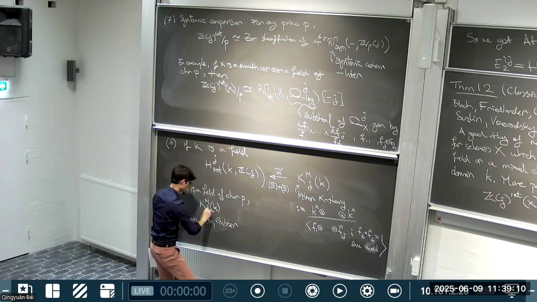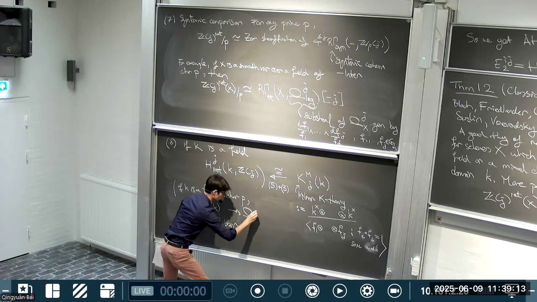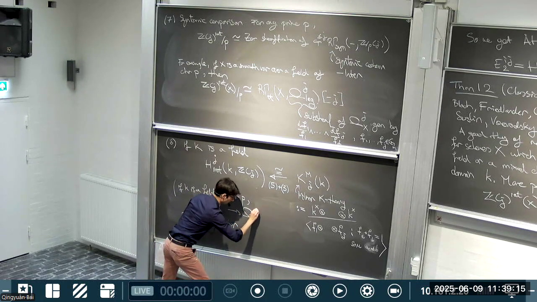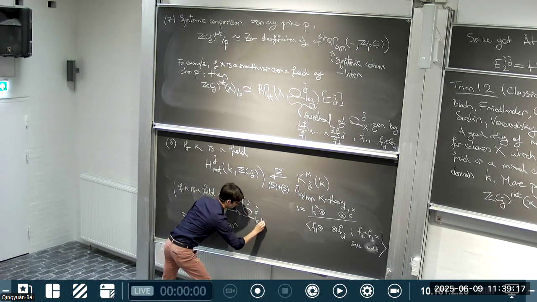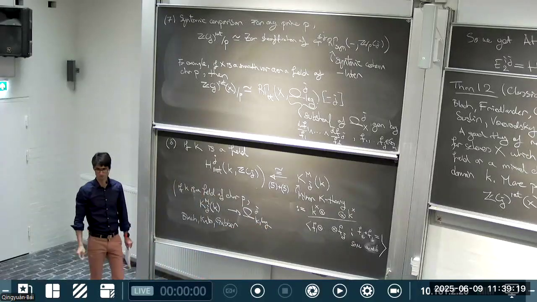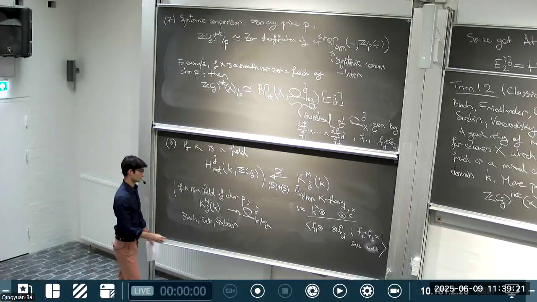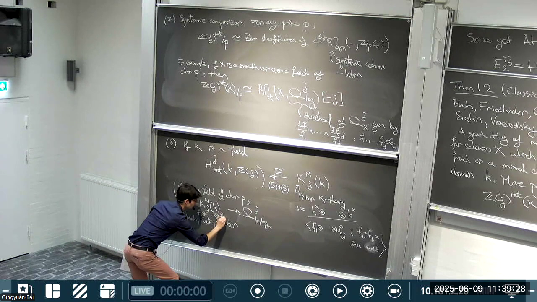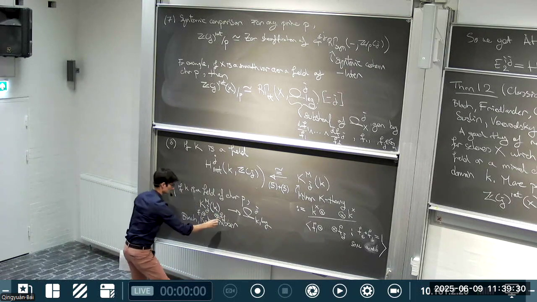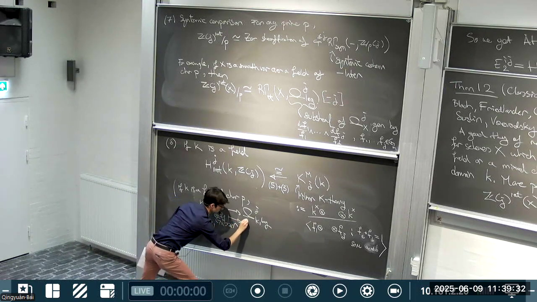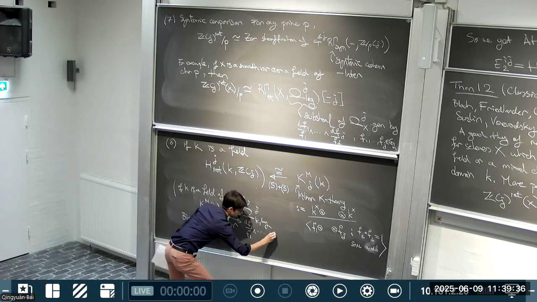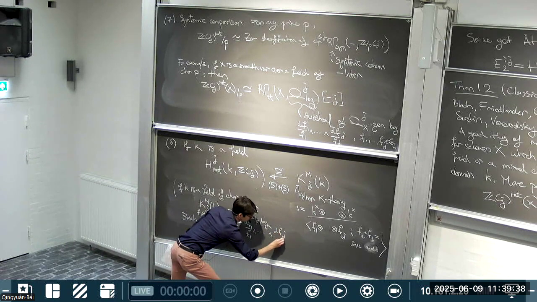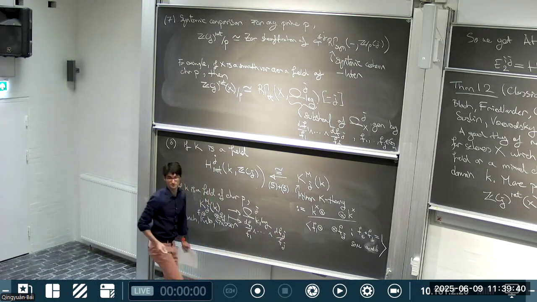So I can now map the Milnor K-theory of my field to these log forms on K. And how do I do this? Well, if I've got some F1 to Fj, sorry, I didn't give myself enough space, then I send it precisely to dF1 over F1, wedge through dFj over Fj.